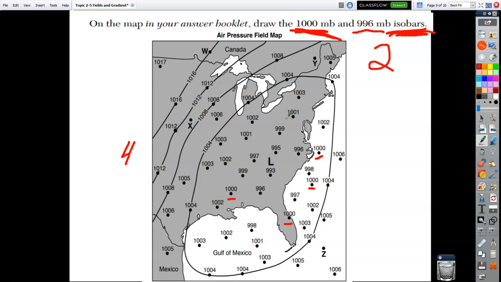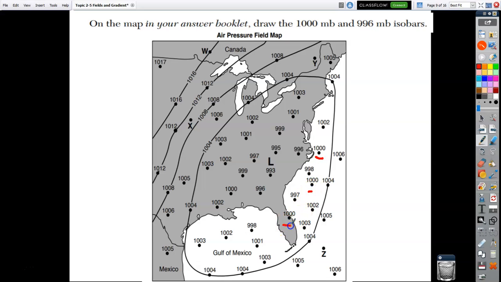It's greater than 999, but less than 1,001. So I want to try to use that counting in sequence to figure out which way I go with my 1,000 line. And also, as I go toward the low, the numbers are getting lower.